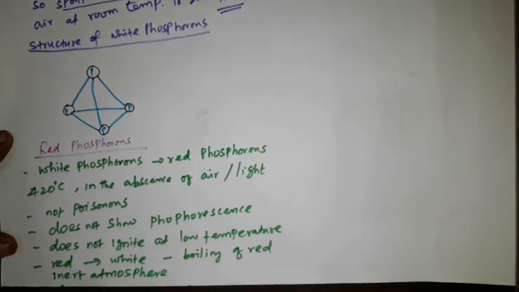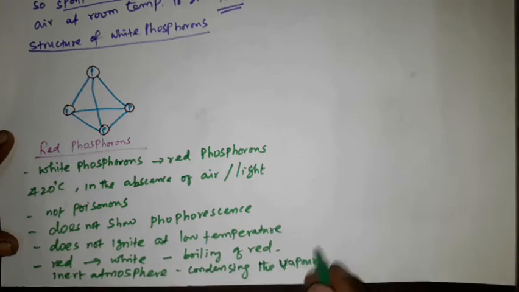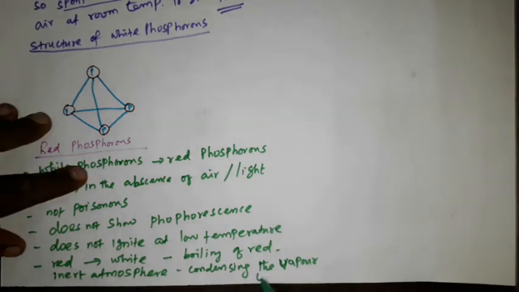So you can get this white phosphorus from red phosphorus by boiling red phosphorus in an inert atmosphere and condensing the vapor under water.